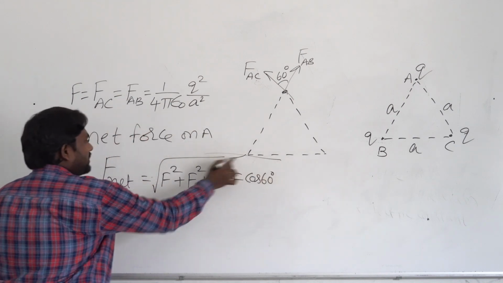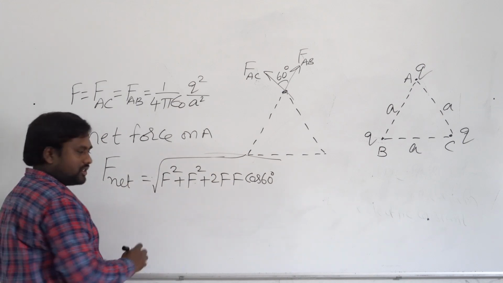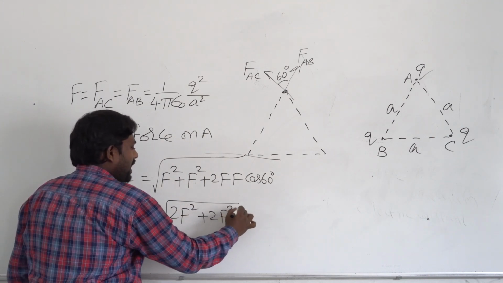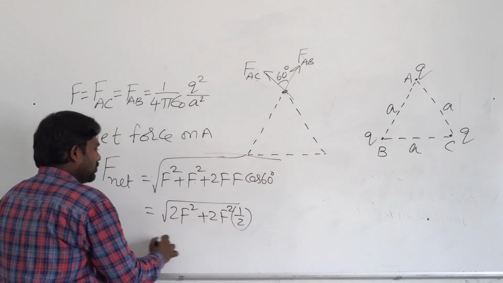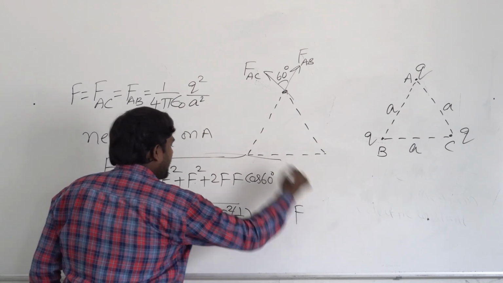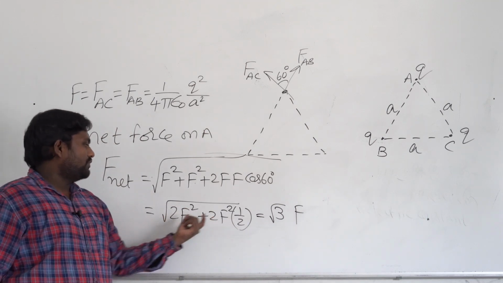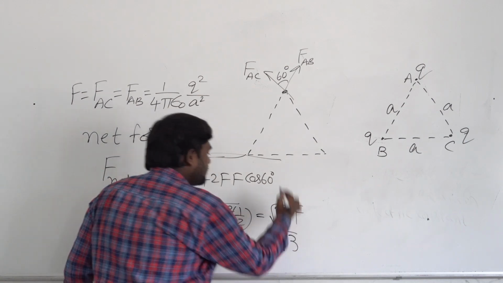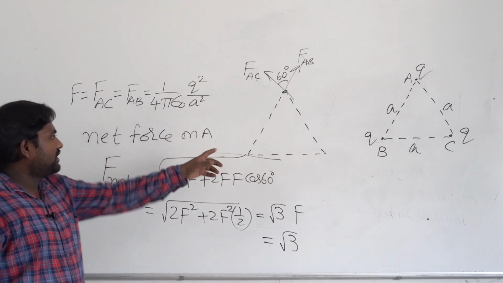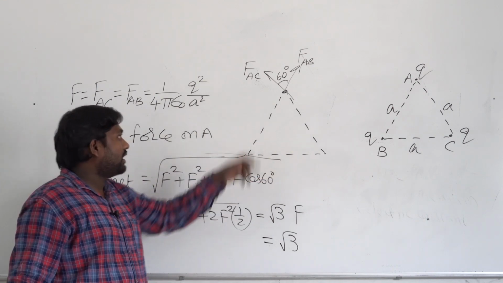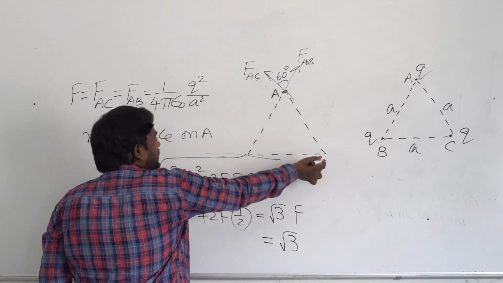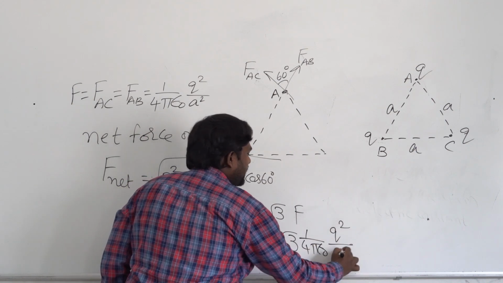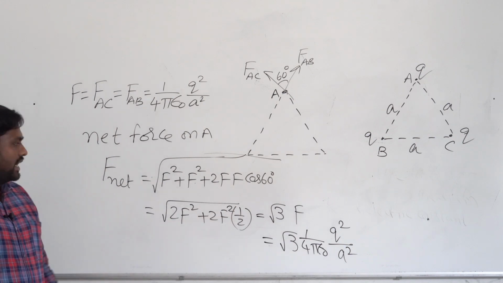This is the parallelogram law of vector addition, and this is under root F square plus F square plus 2F square into 1 by 2, and you will get root 3 into F. Here the 2 gets cancelled, 2F square plus F square, root 3 F. From here we can write the final expression as root 3 into the force exerted by each particle B or C on A, which is 1 by 4 pi epsilon naught q square by A square. This is the net force acting on the particle A.